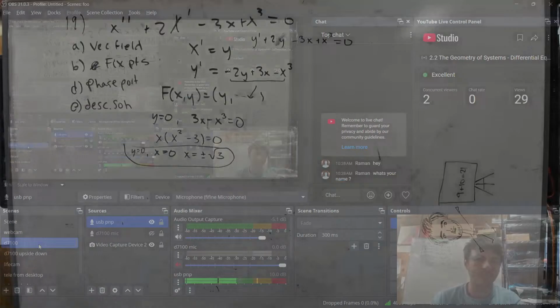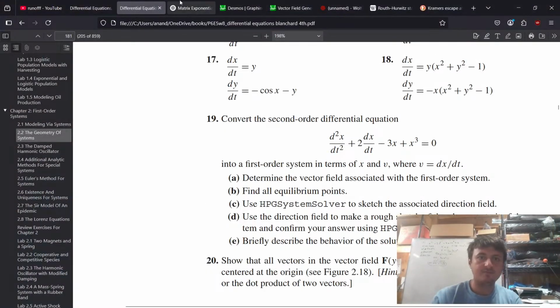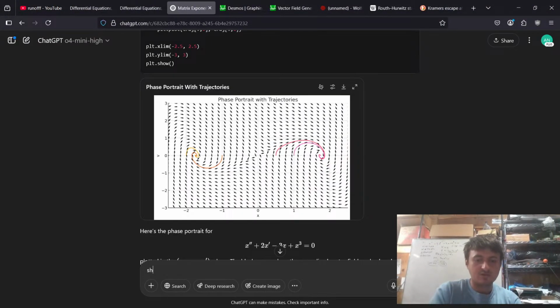So we have to look at this. All right, so let's find the Jacobian. Why don't we just do it symbolically? I mean, I don't think we need to. Show me how you take the symbolic Jacobian.